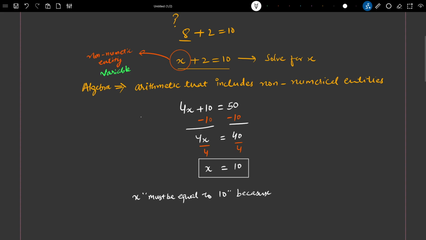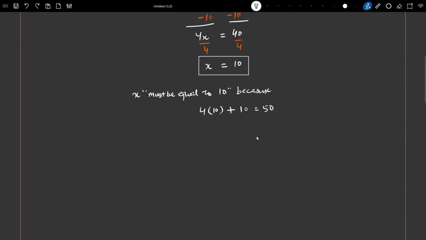Because if I put x as 10 here, we can say this is the left hand side, this is the right hand side. If I solve the left hand side, I'll get 50 equal to 50, the balancing. That is why that's what we determined.